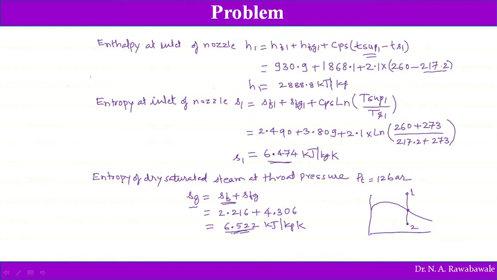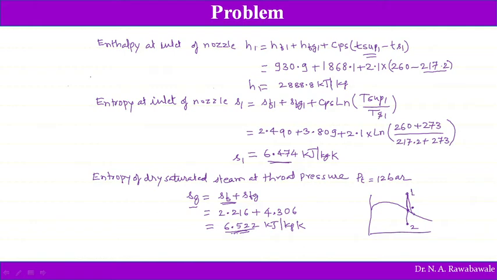So this entropy Sg is equal to 6.522, which is greater. Which is greater means this dry saturation point will be somewhere here, so which is not below this. So the curve is going like this.